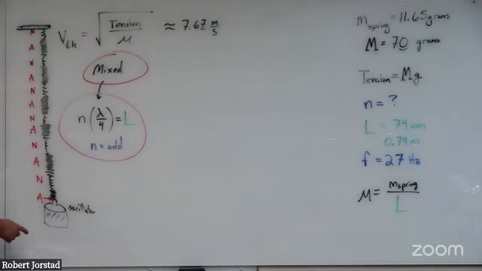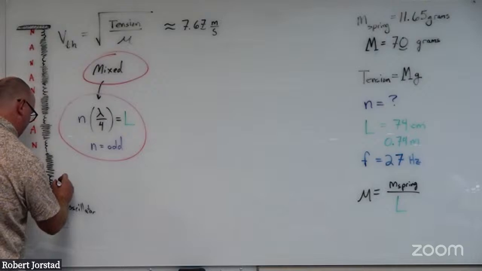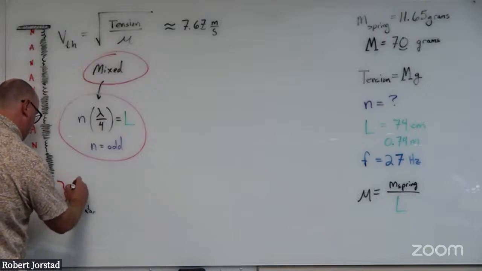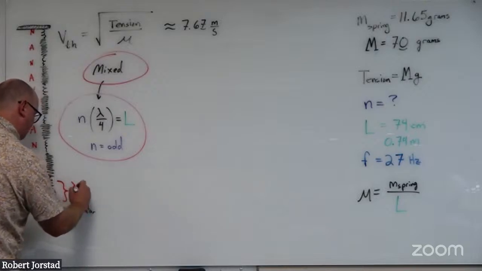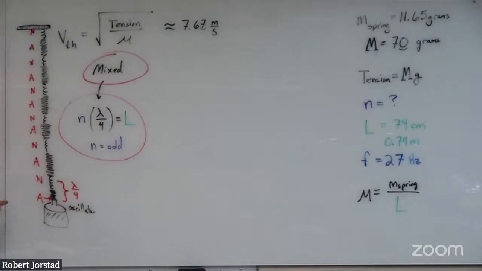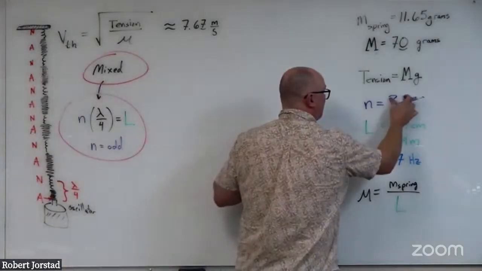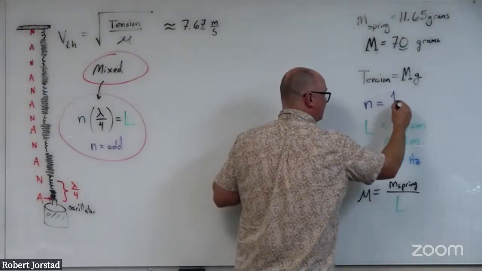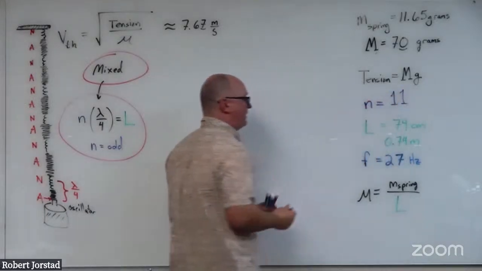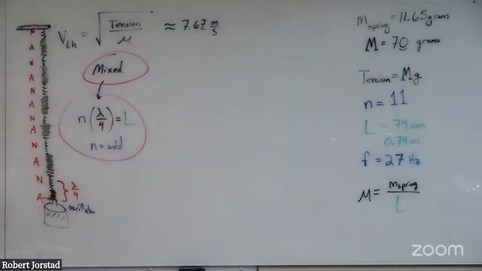The distance between an adjacent node and an antinode, this distance right here, is a lambda over 4. So let's count the lambda over 4s. 1, 2, 3, 4, 5, 6, 7, 8, 9, 10, 11. So I see that in this case our harmonic number, our integer, n, is 11.